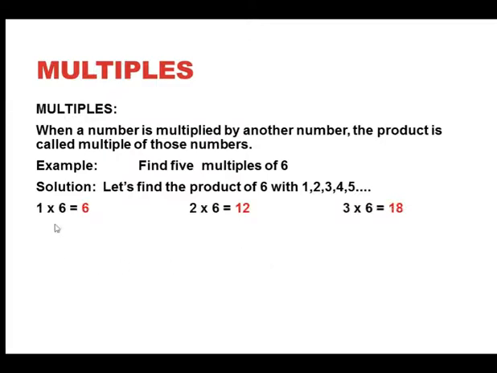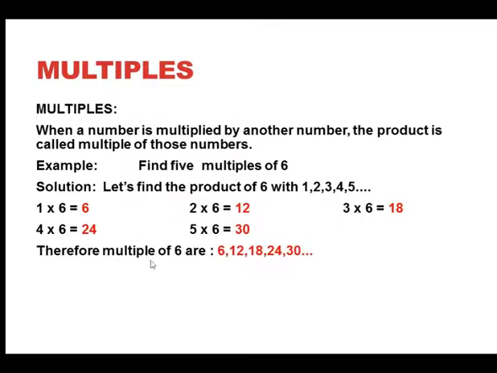So here we have multiplied 1 into 6 equal to 6, then 2 into 6 is 12, 3 into 6 is 18, 4 into 6 is 24 and 5 into 6 is 30. So the 5 multiples of 6 are 6, 12, 18, 24 and 30 and so on.